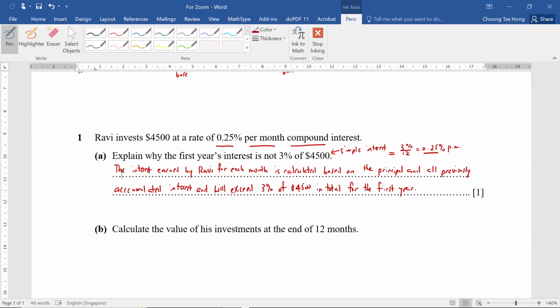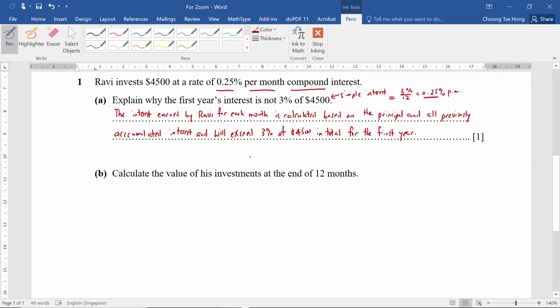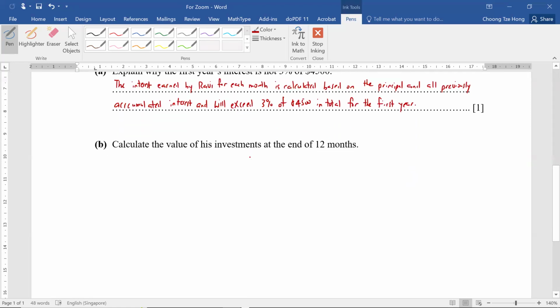For part B, they want us to calculate the value of his investment at the end of 12 months. Remember that he's doing compound interest, so we need to apply the formula for compound interest. The total amount will be equal to the principal multiplied by 1 plus r over 100, to the power of n.